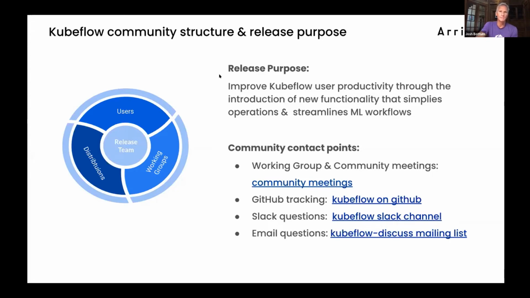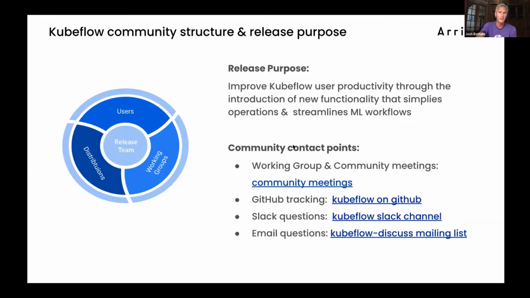So when I look at what the purpose is for a Kubeflow release, it is to help improve Kubeflow user productivity through the introduction of new functionality. And that functionality is really designed to simplify operations and streamline ML workflows.